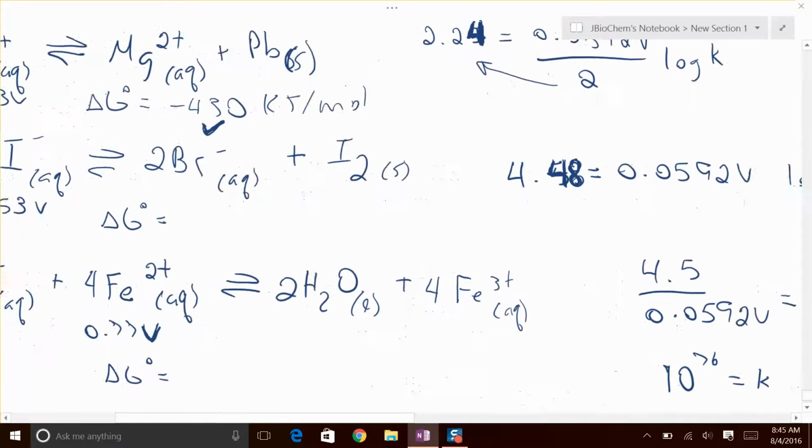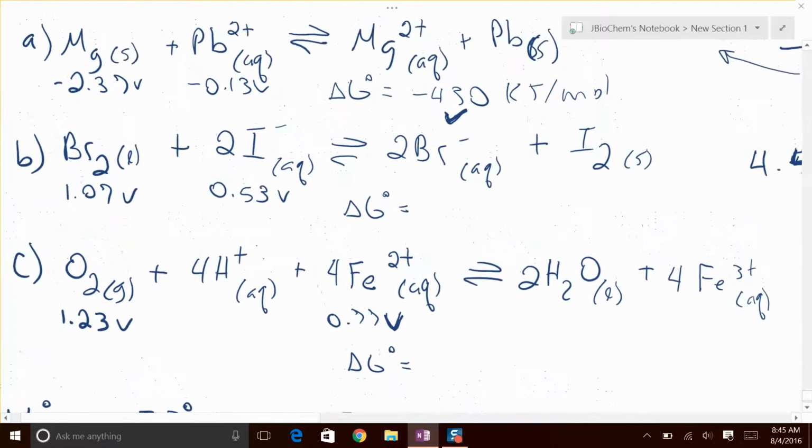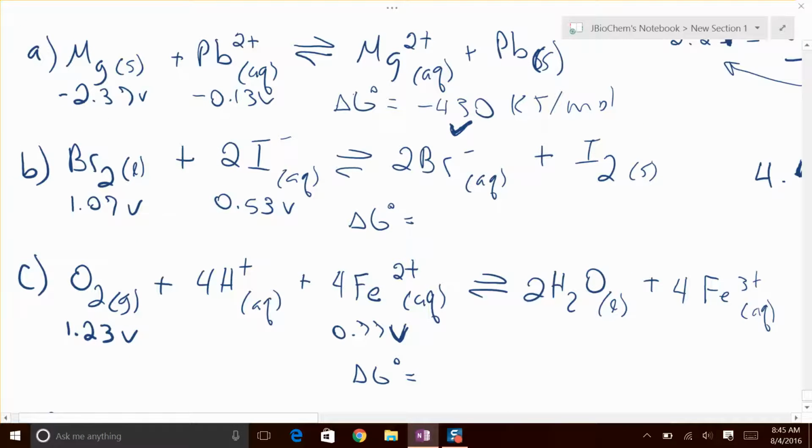Okay, so let's go to the next one. We're okay with delta G. Okay, let's try delta G for B. What did you guys find for delta G for B? 103 kilojoules, 103.7.